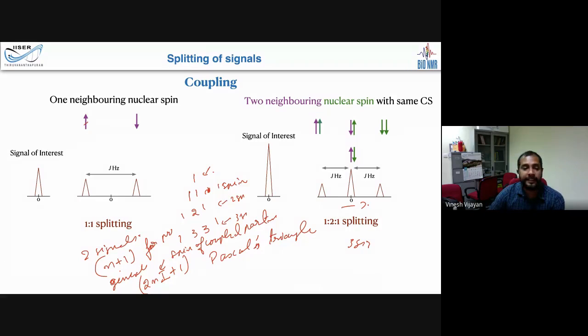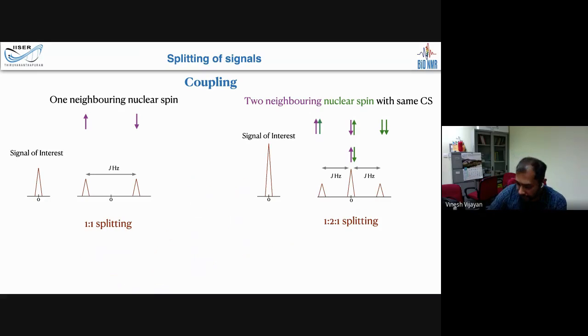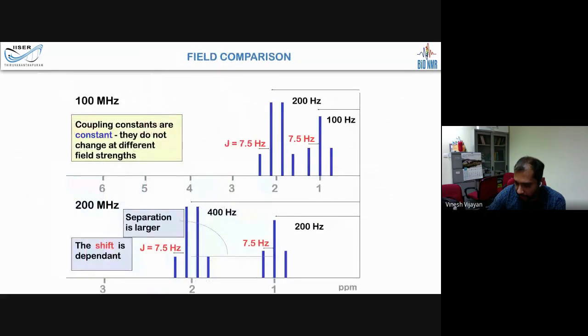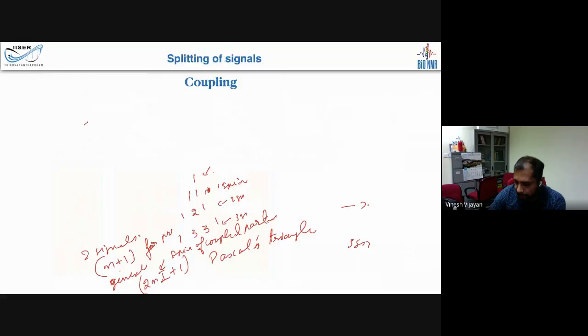Since I is half for the hydrogens, if it is only hydrogens coupling to each other, then it drops to the original n+1 rule for the protons.